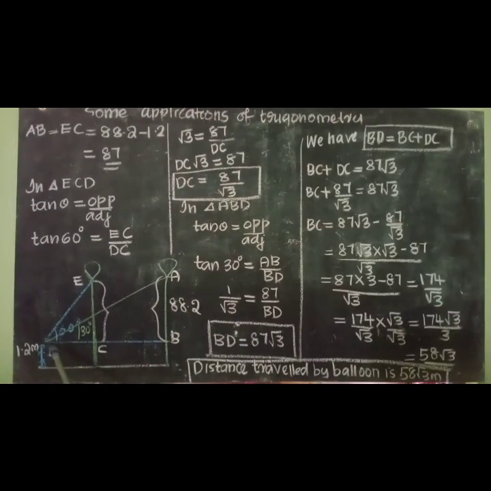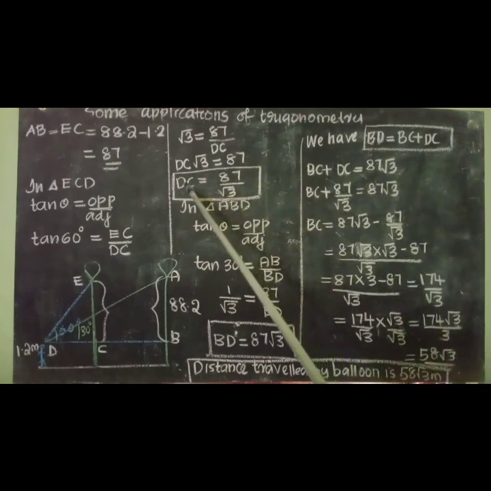Now you see the figure. This BD is the sum of BC and CD. So we can write, we have BD equal to BC plus DC. So this BD we can replace by BC plus DC. So BD equal to 87 root 3 we can write as BC plus DC equal to 87 root 3.